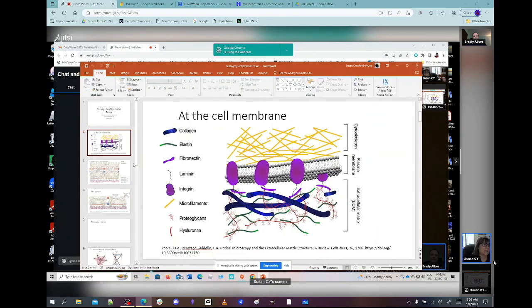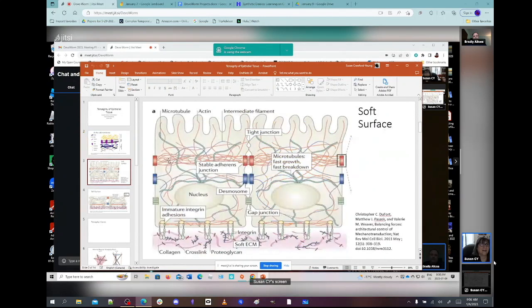And then you have this soft surface, and you end up with some microtubules and a bunch of microfilaments across here, and desmosomes, which don't seem to attach to too much. And then there's a bit going on at the bottom.